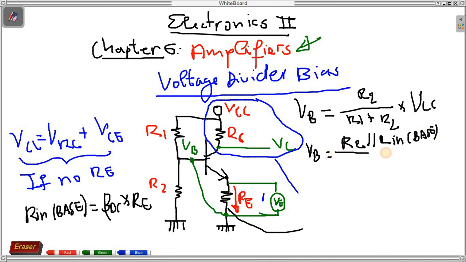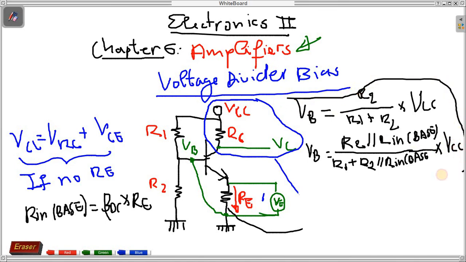R2 parallel to R in base over R1 plus R2 parallel to R in base.